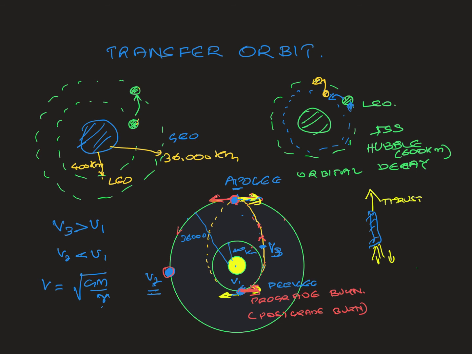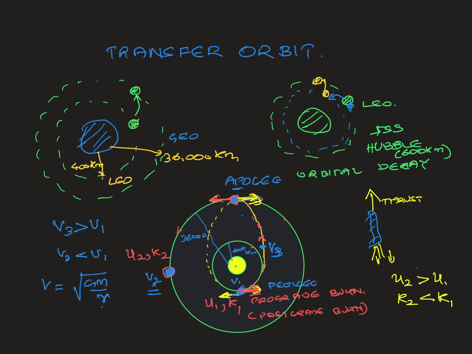So let me take the potential energy here as U1 and kinetic energy as K1, and here U2 and K2. What do we know about the potential energy? U2 is greater than U1, but K2 is less than K1.